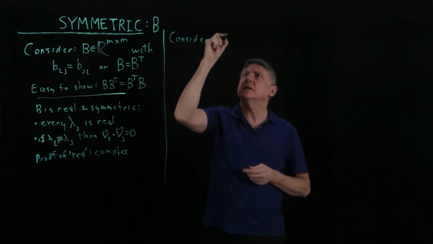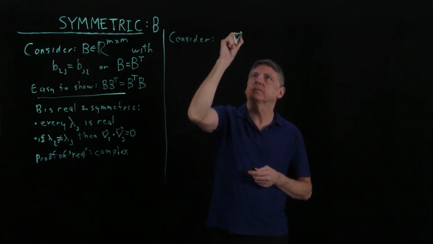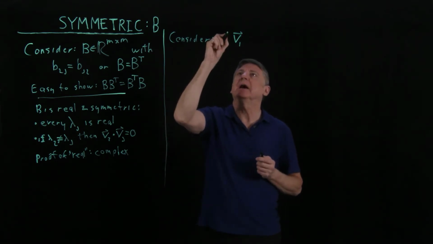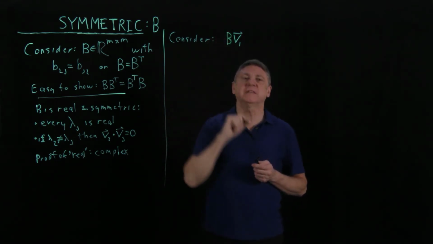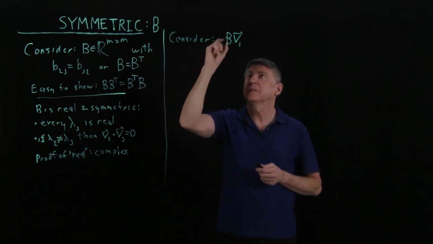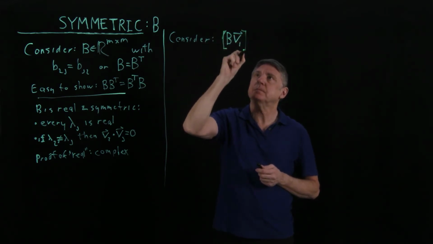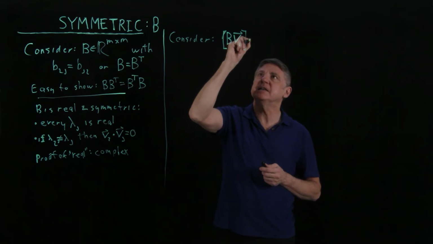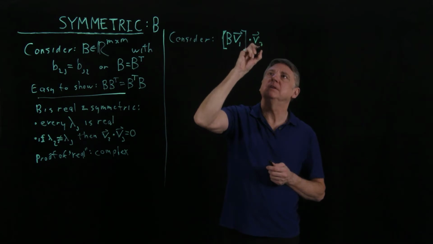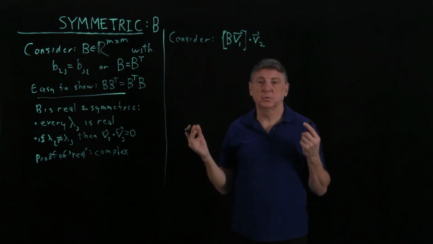So I could write eigenvector 1, or I could write a multiple of eigenvector 1. And one way I can write that eigenvector multiple is to multiply the eigenvector by that matrix B. And now if I take that and I find its dot product with V2, I can expand this in multiple ways.